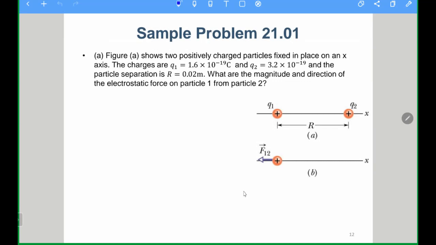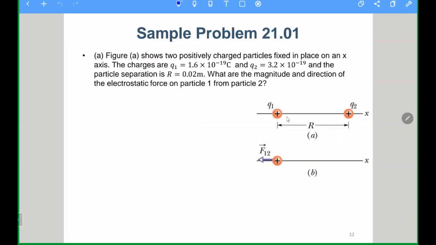Okay, so here let's take a look at a sample problem about Coulomb's law. It says figure A here shows two positively charged particles fixed in place on an x-axis. The charges are Q1 and Q2.